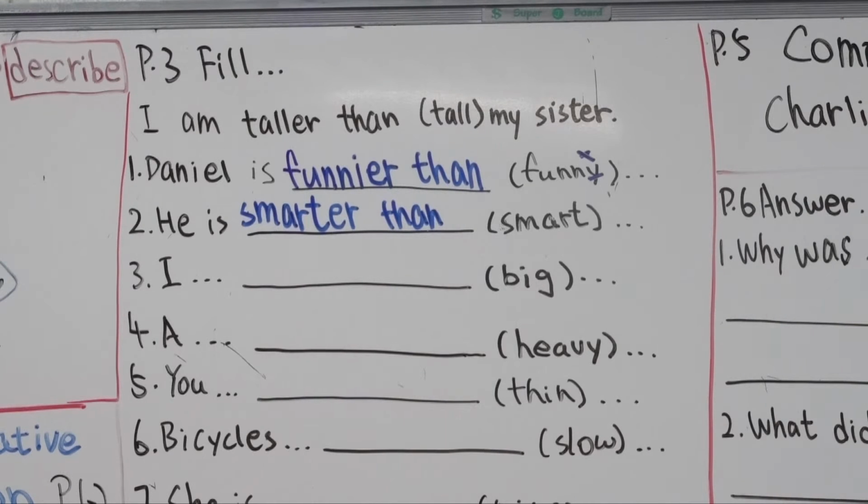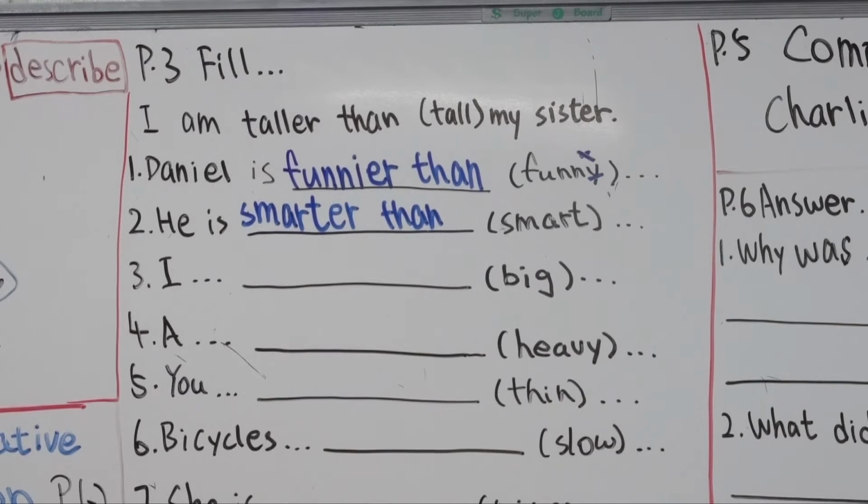Number four. All right. I want to have a, space, bracket big, and then car. So what do you think?